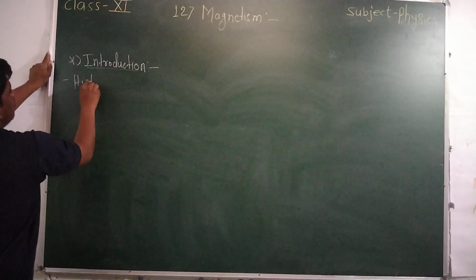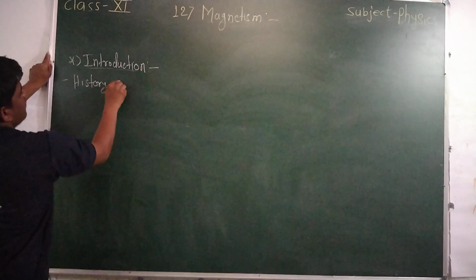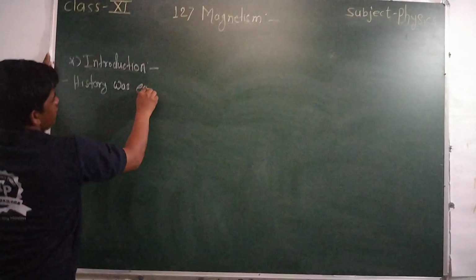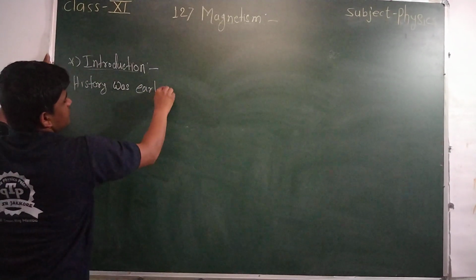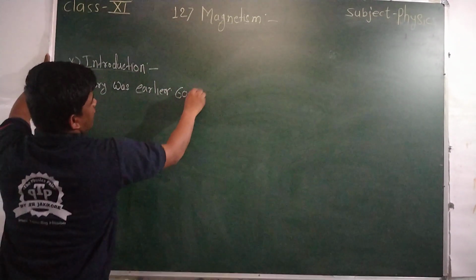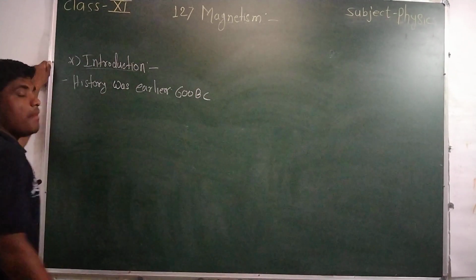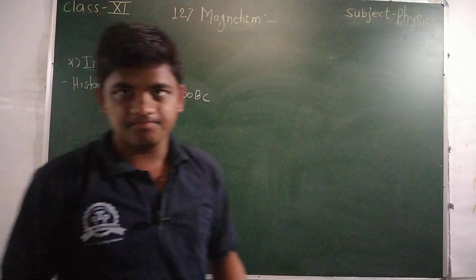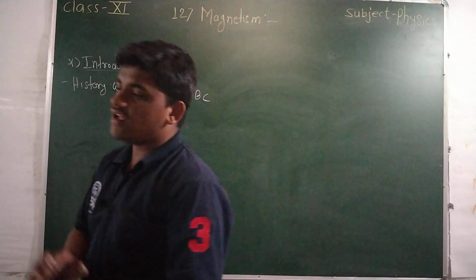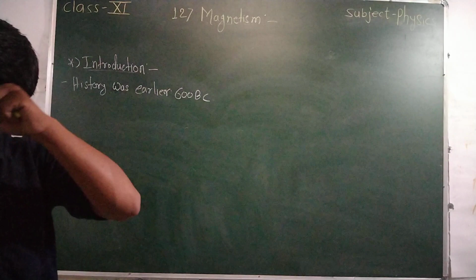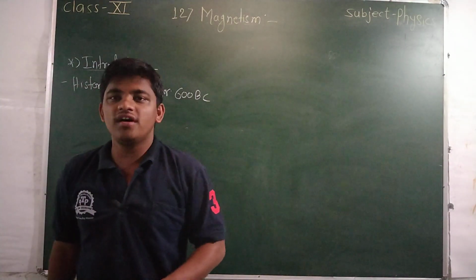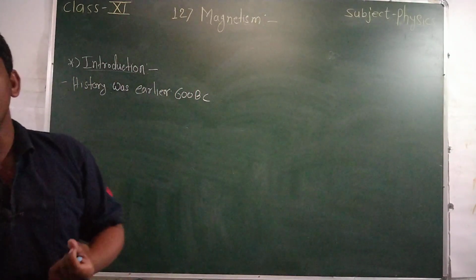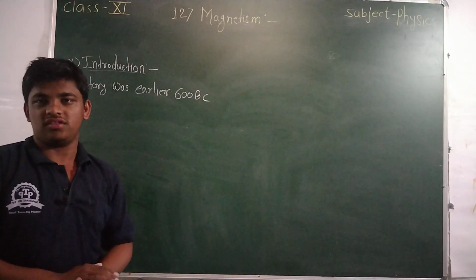The history goes back to earlier than 600 BC. One of the scientists, William Gilbert, from 1544 to 1603, first systematically investigated the phenomena of magnetism using scientific methods.